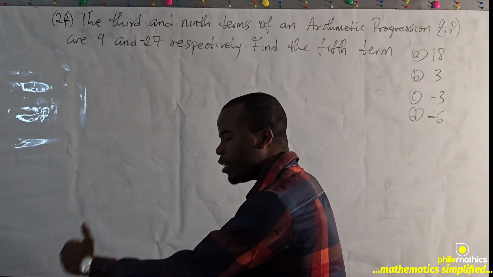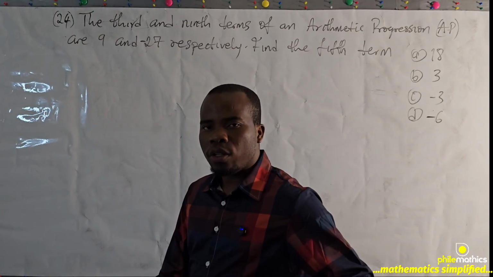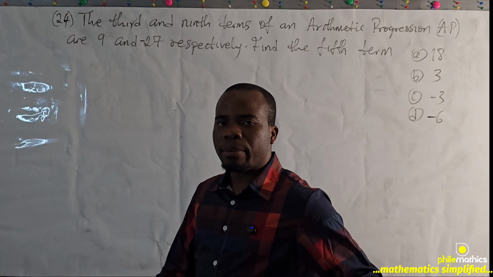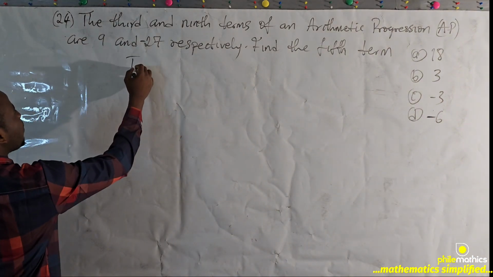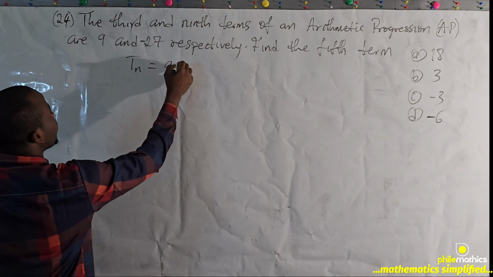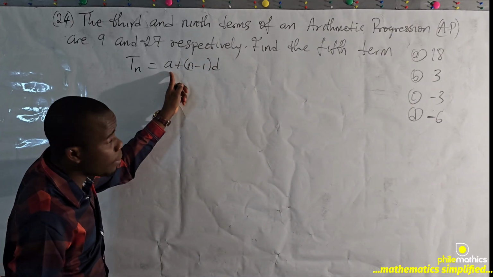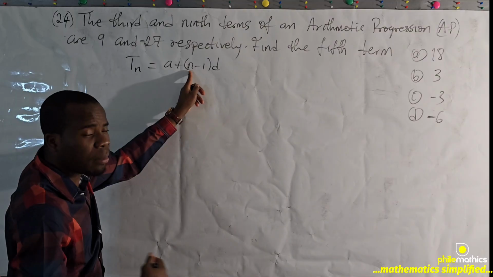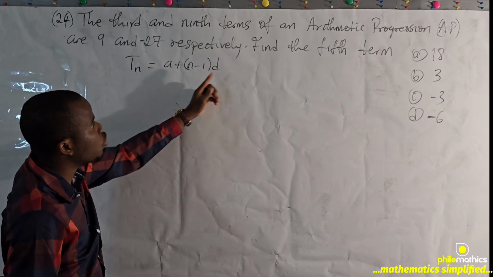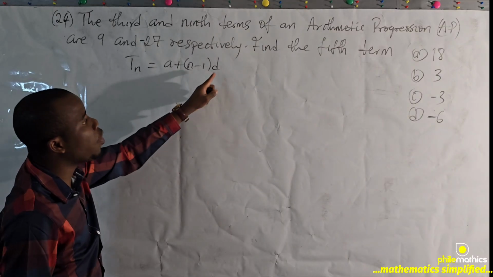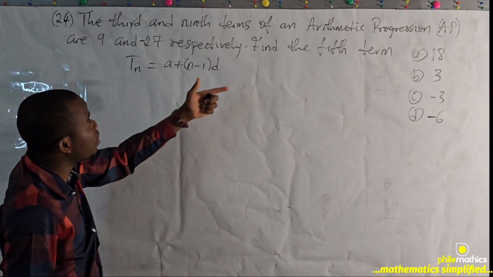So they either increase or decrease by a common difference, unlike a geometric progression that either increases or decreases by a common ratio. And we know that the nth term of an AP is A plus (n minus 1)D, where A is the first term, n is the number of terms in that sequence, and D is the common difference. So we need to find what the first term and the common difference are, and with these tools, we can find what the fifth term is.